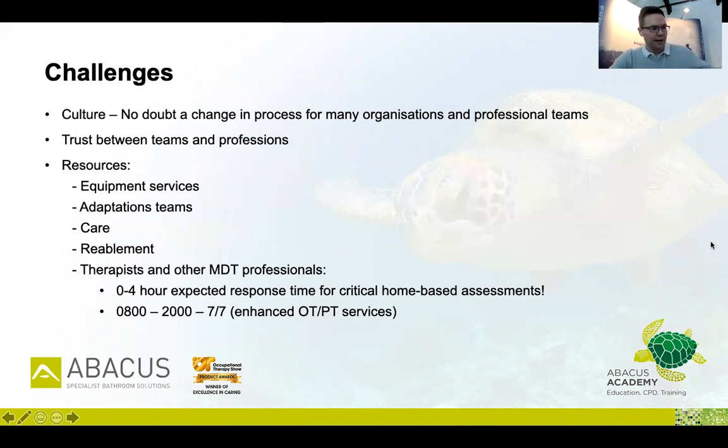So challenges to that, and it might feel like there are a lot. Culture. So no doubt a changing process for many organizations and professional teams. The culture within medical environments in some places might resist that ongoing opportunity to assess on an ongoing basis, because the focus is on medical optimization.